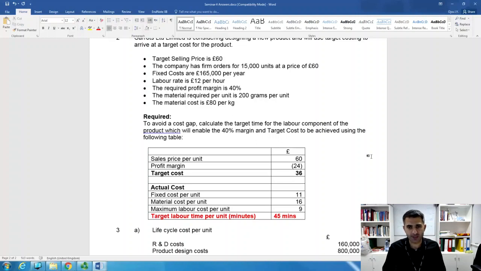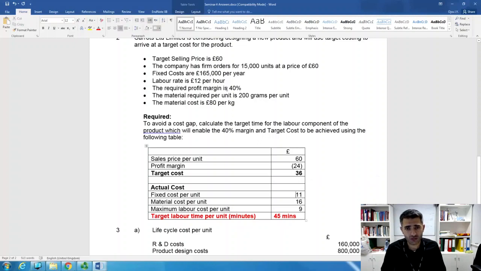In terms of estimated cost, we start with the fixed cost here, £165,000. And if you divide £165,000 by 15,000 units, you should be able to find the fixed cost per unit, which equals 11. That's great.